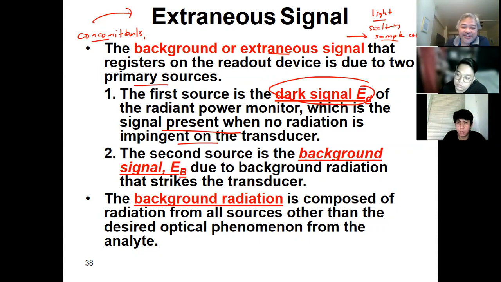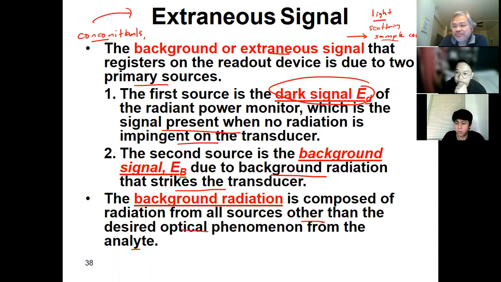So we could say that's the noise that you have there. And the second one is the background signal. This is due to the background radiation that strikes the transducer. The background radiation is composed of the radiation from all sources other than the desired optical phenomenon from the analyte. This is where cosmic rays come in. If you look at the electromagnetic spectrum, cosmic rays are a wonder.